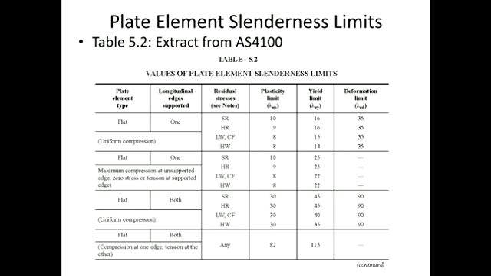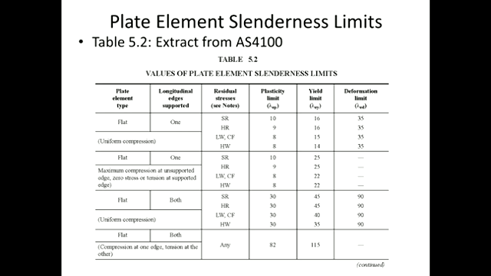So what type of section would this be? Maybe a rectangular hollow section subjected to gravity loads. If you look at the webs on either side, those are the supporting elements, and the flange would be supported on both.